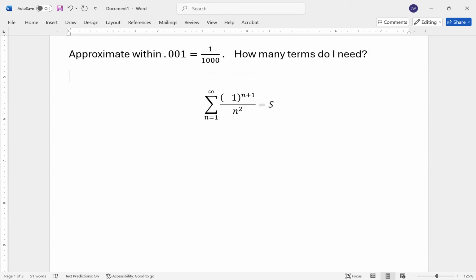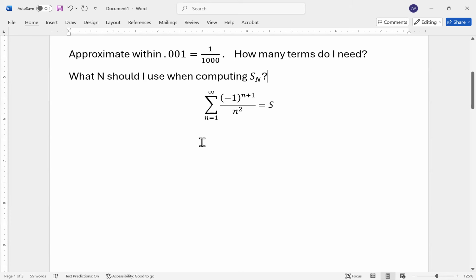All right, so how many terms do I need? Or in other words, what n should I use when computing the S sub n that I'm looking for?